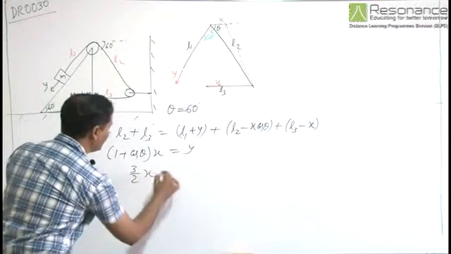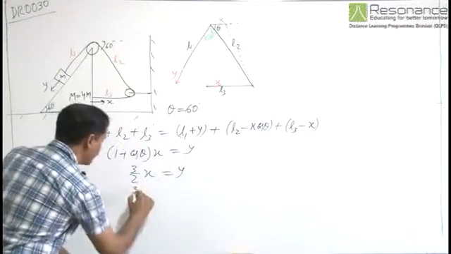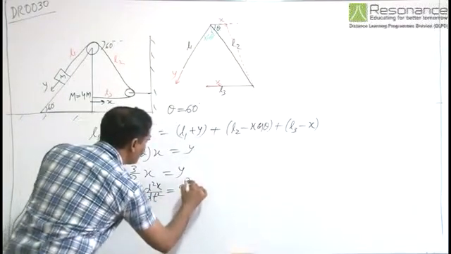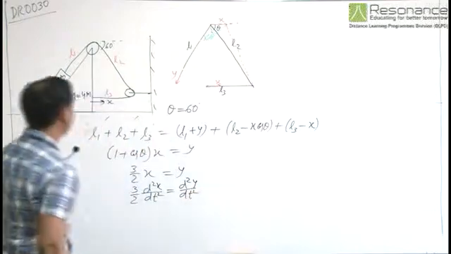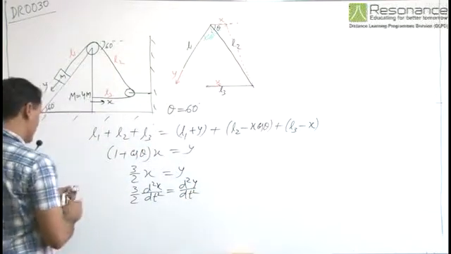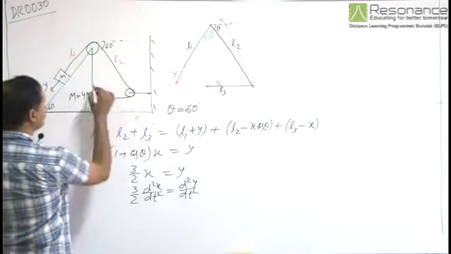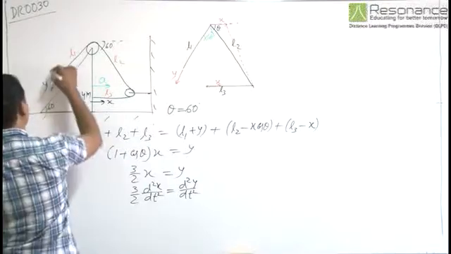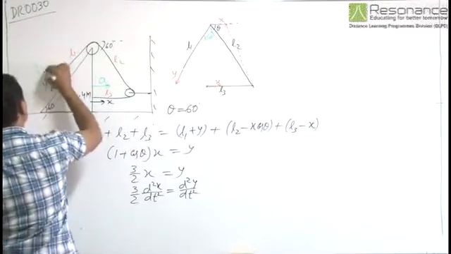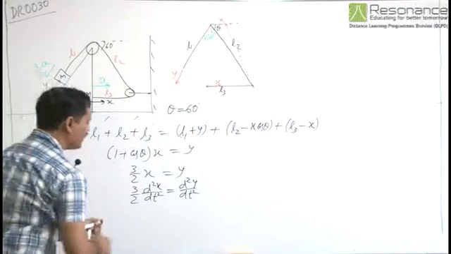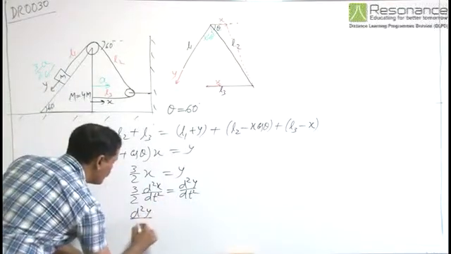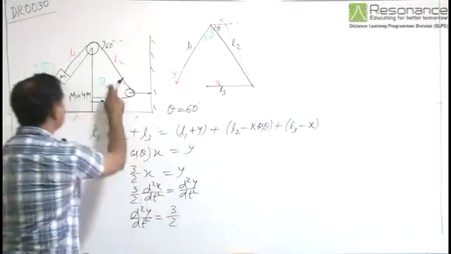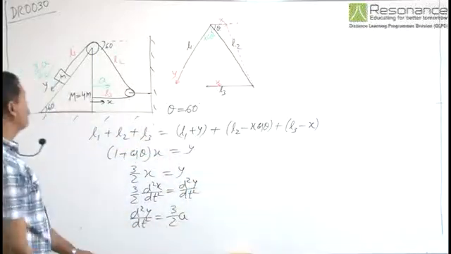So we have 3 by 2 x is equal to y, or 3 by 2 d2x by dt2 is equal to d2y by dt2. That means if we consider the acceleration of the wedge to be a, then the acceleration of the block will be 3 by 2 a, as can be seen from here. d2y by dt2 is equal to 3 by 2 into d2x by dt2, that is a.